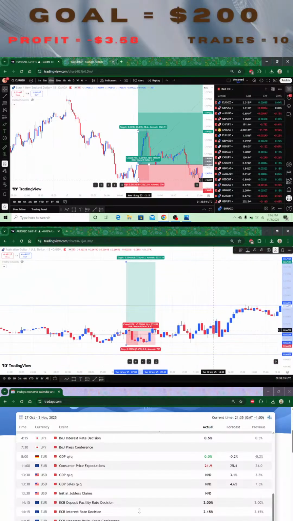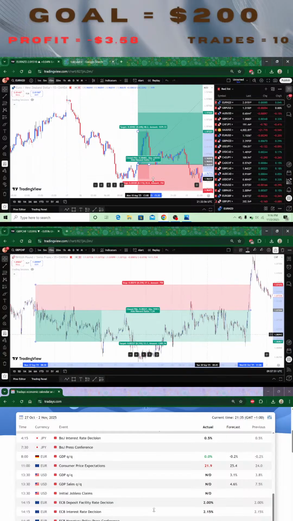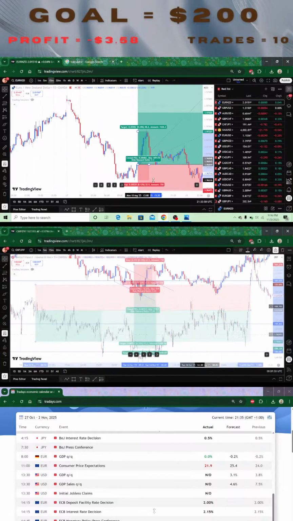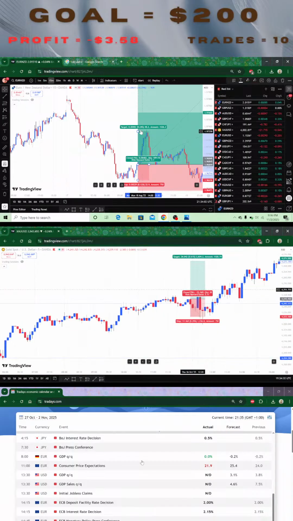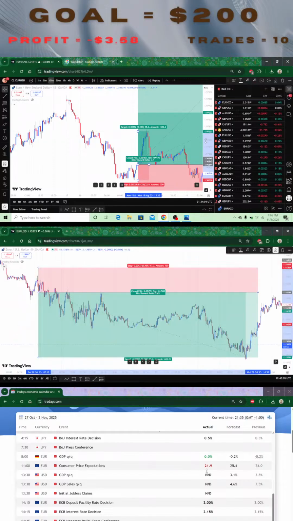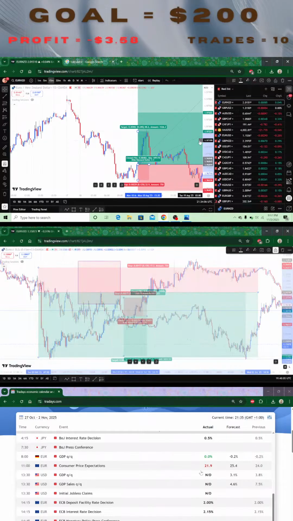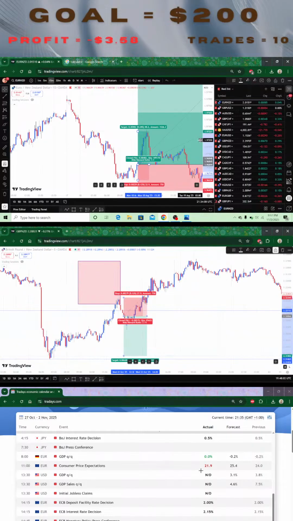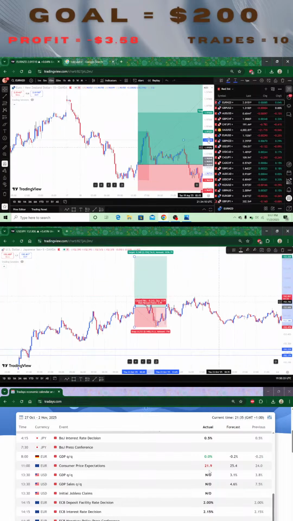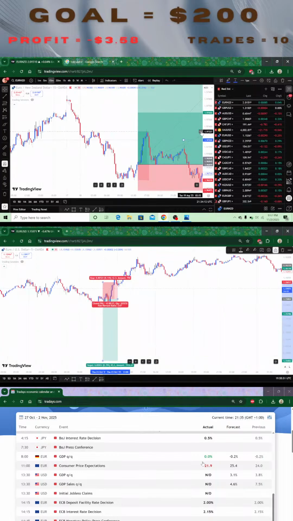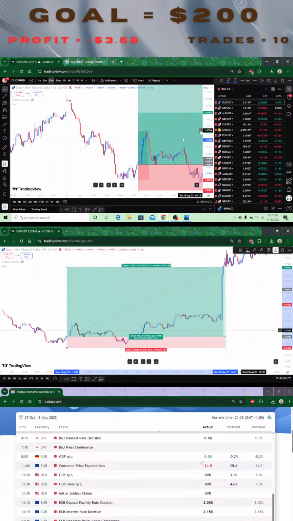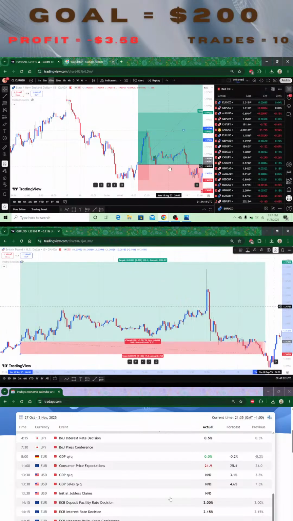The stop loss is supposed to be at the previous peak here, and then the take profit. Sorry, let's put our line. The first line here is this one. Second TP zone.